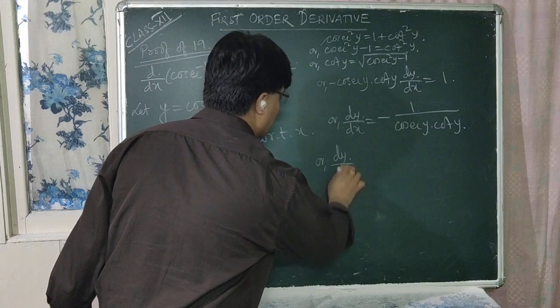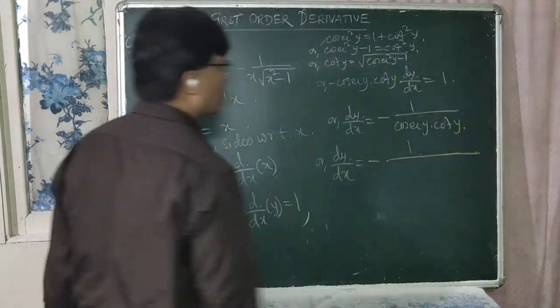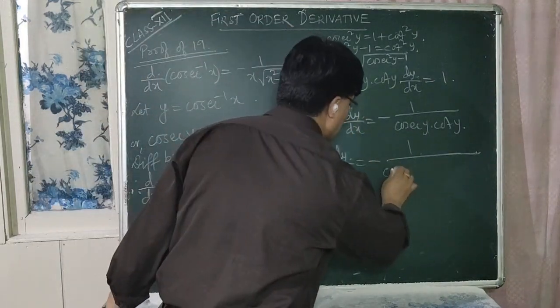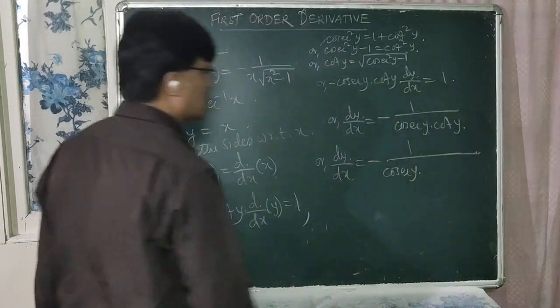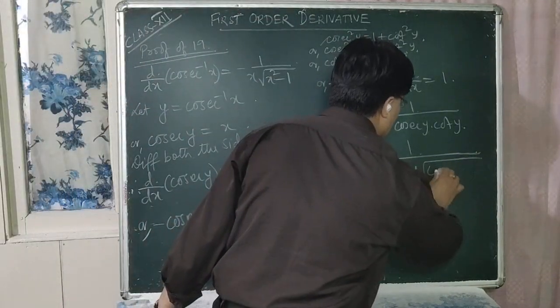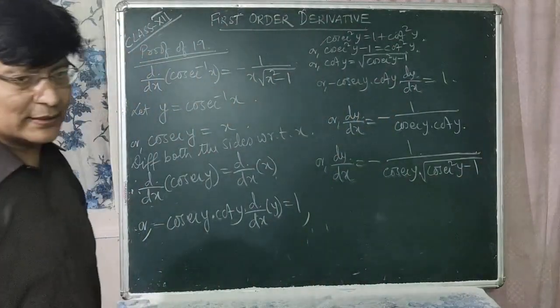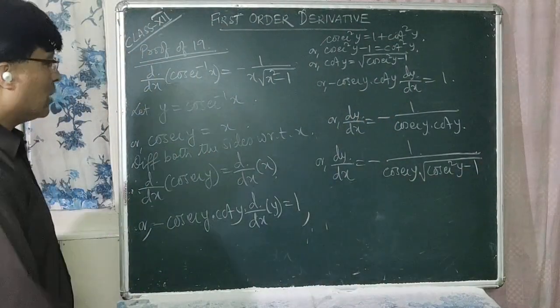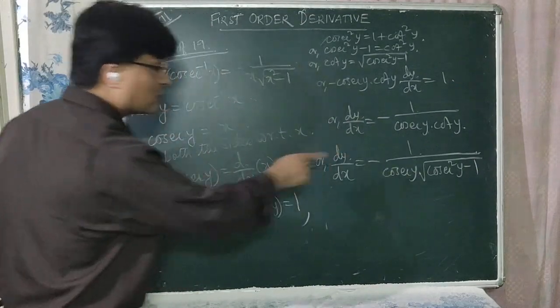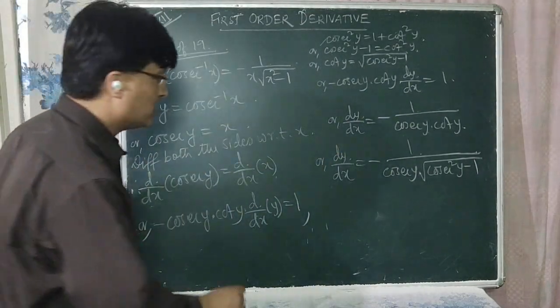So dy by dx is equal to minus 1 upon cosec y. Keep it as it is, cosec y. Now write down the formula for cot y. What is cot y? It is within square root cosec square y minus 1. Is that clear? Now we have converted in terms of cosec y. So instead of cosec y, what can we write? X. Okay.